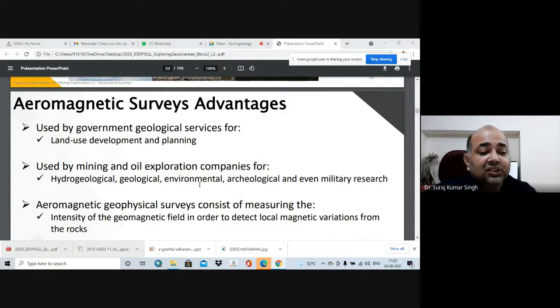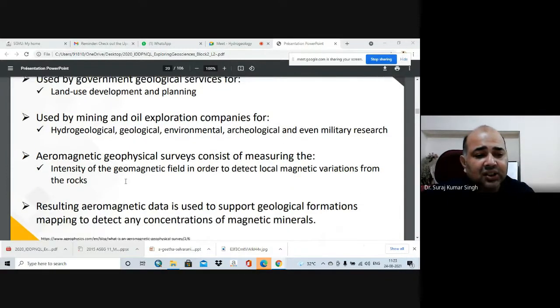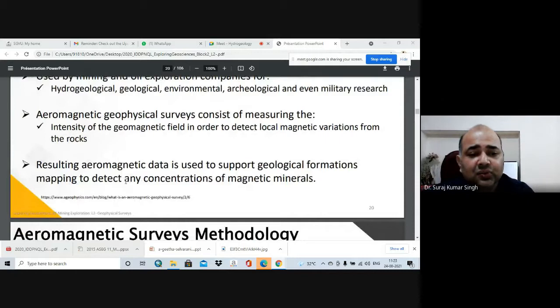So there the geohydrological map, geological map, environmental map, archaeological map, and even for military research we are using the aeromagnetic survey. So aeromagnetic geophysical survey consists of measuring the intensity of the geomagnetic field in order to detect the local magnetic variation from the rock.